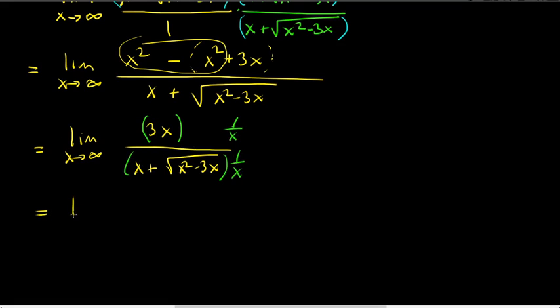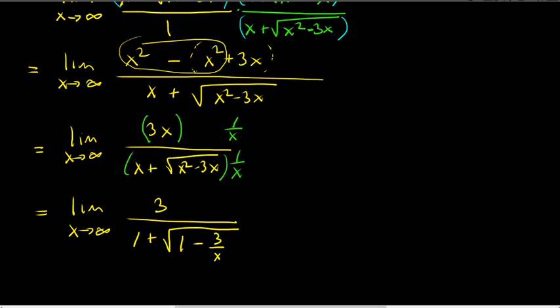So what you end up with is 3x over x, which is 3, divided by 1 plus, and when you bring this inside, because you're going to positive infinity, you can just do x squared over x squared is 1, and then minus 3x over x squared is 3 over x.